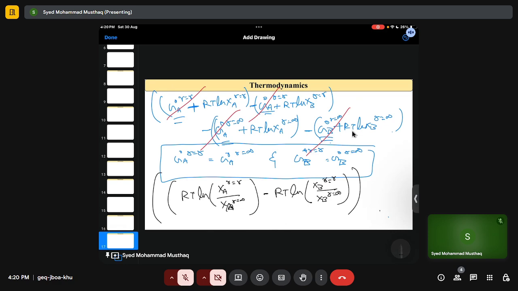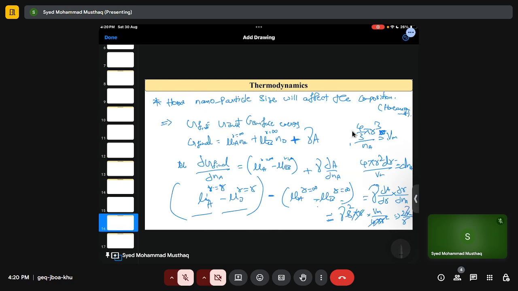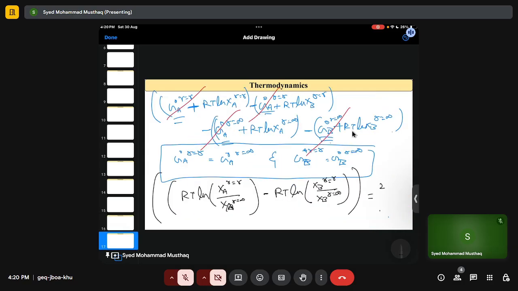This is what we have. And then we have this 2 gamma Vm by R.